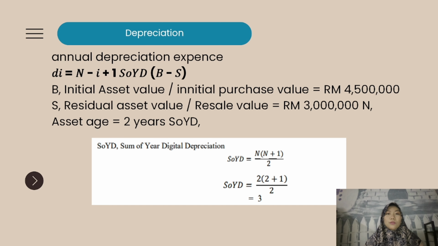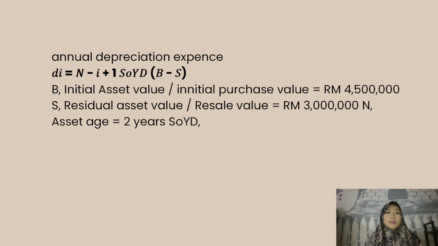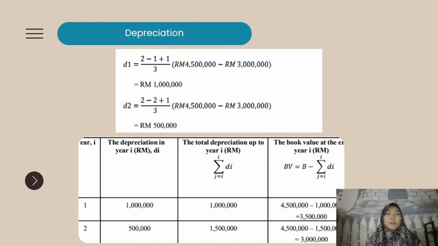The SOYD, the sum of years digits depreciation, is 3, because we use this formula with N as 2: 2 times (2 plus 1) divided by 2, so we get 3. From the SOYD value, we can use the depreciation formula.